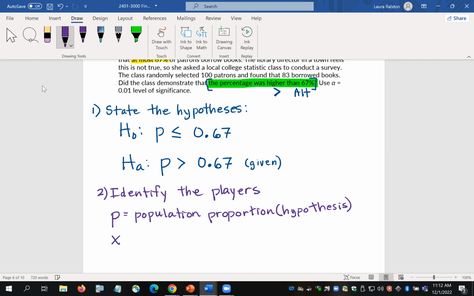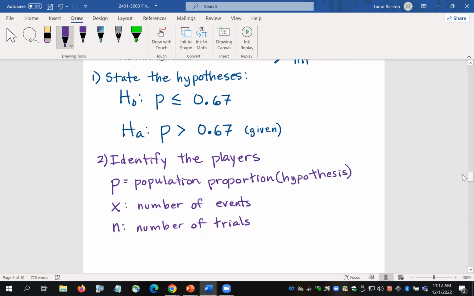You have X, which is the number of events. That's what they call it in Minitab. It's basically how many times do you get what you want. N is called the number of trials. That's like your sample size. How many times did you conduct the experiment? How many people did you survey? And then, of course, as always, we need alpha, which is our level of significance.